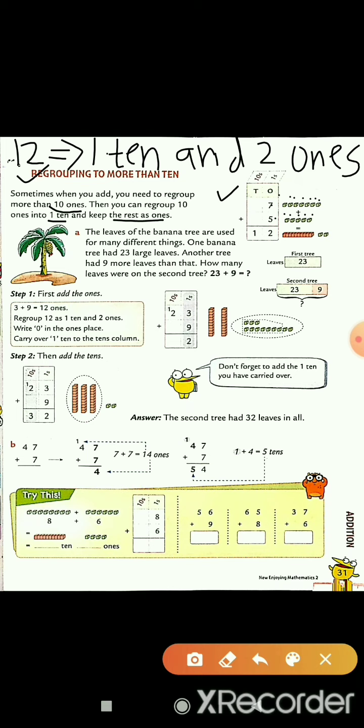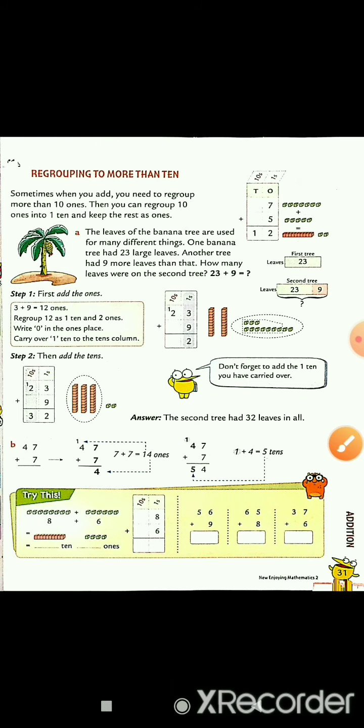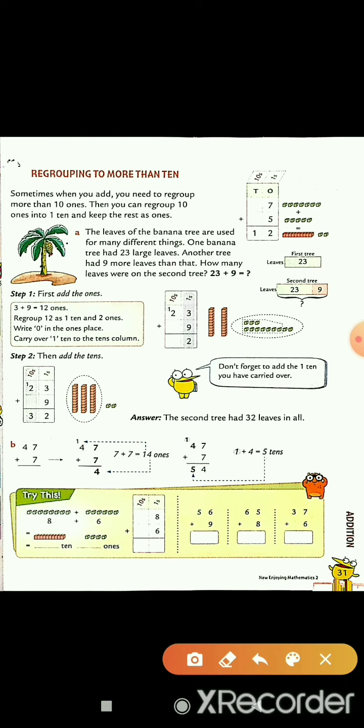Now at the place of ones, we can write 2, and at the place of tens we can write 1. So we can regroup 12 as 1 ten and 2 ones. Got it, students? Let us take another example.